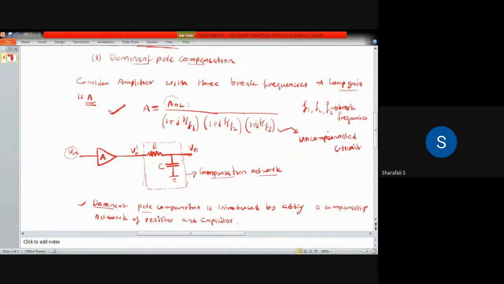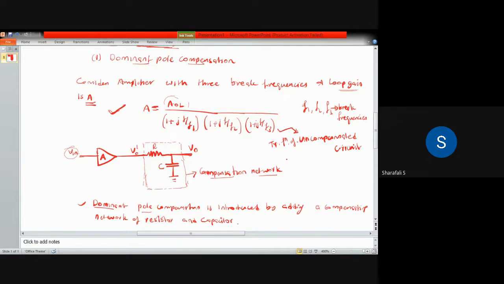After that only we are applying this technique for compensation. So this is the transfer function of the uncompensated circuit.